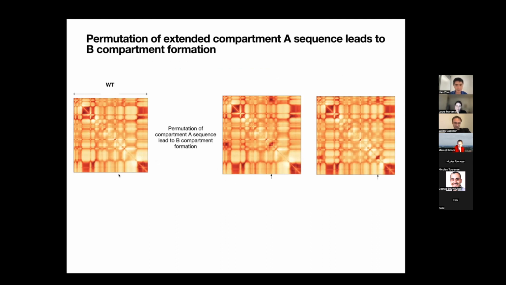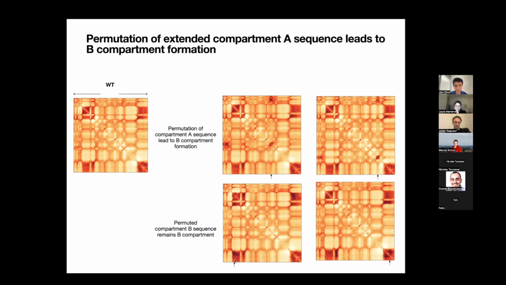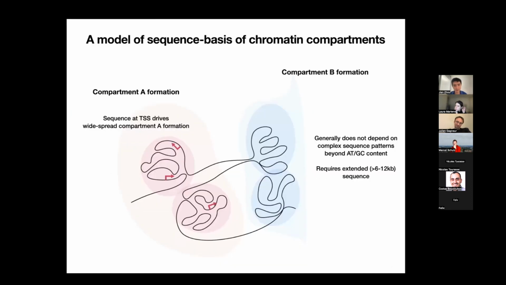And we find that in the A compartment regions, if we permute the sequence, it actually changed from A to B compartment in those regions. It works in different A compartment locations. And if we permute in the B compartment, it does almost nothing. The sequence still stays B compartment, which is consistent with the hypothesis of the B compartment being a default fate of the genome.